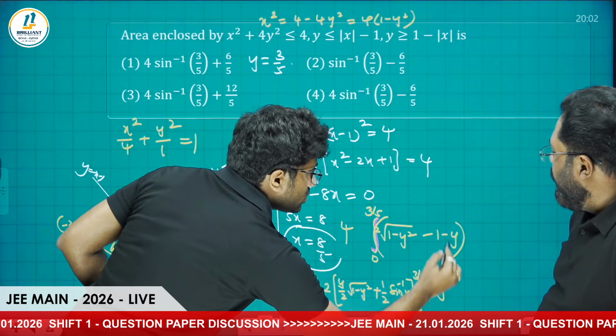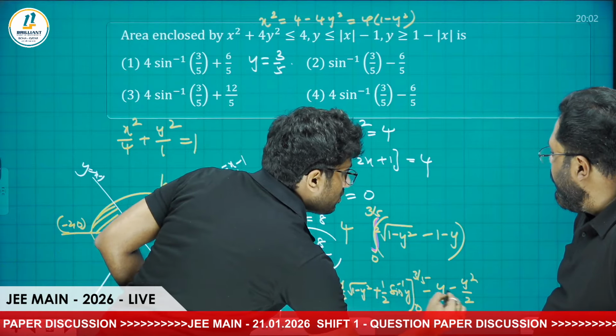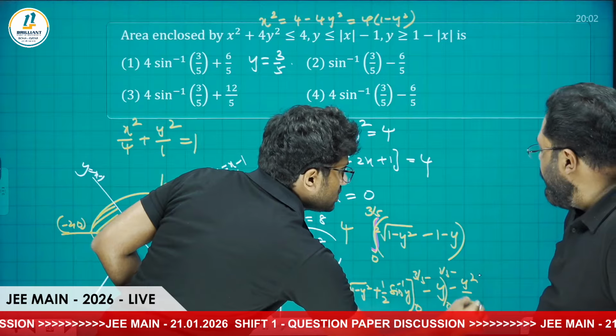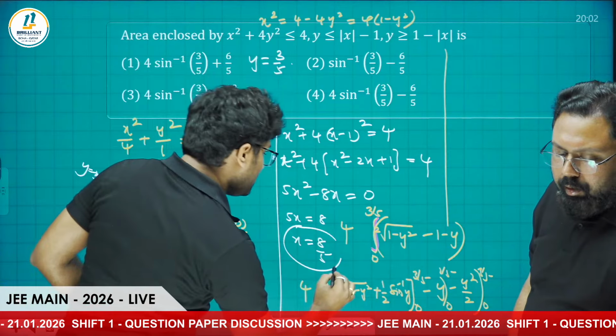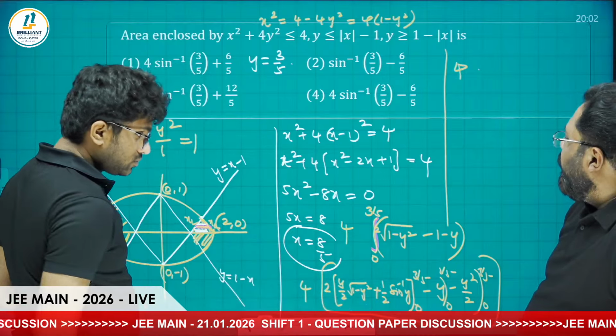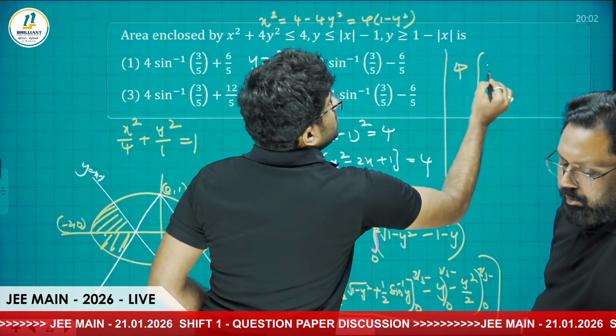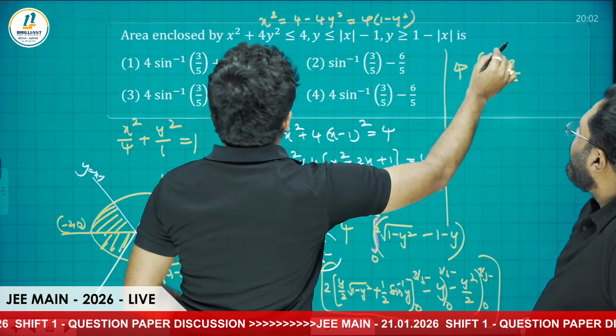For minus 1 it is minus y, and for minus y it is y square by 2, 0 to 3 by 5. So if you substitute and simplify, you can directly go for the answer. So this value will be 4 into sine inverse of 3 by 5 minus 6 by 5.